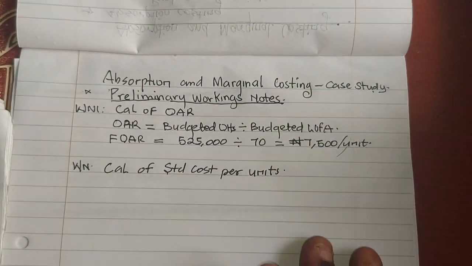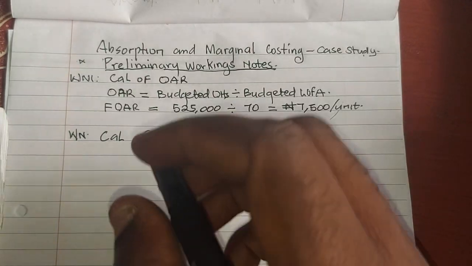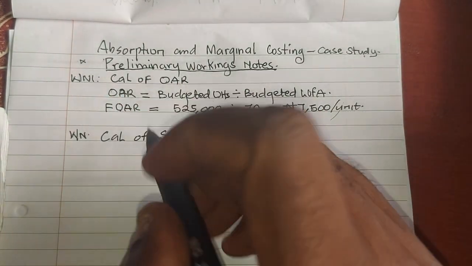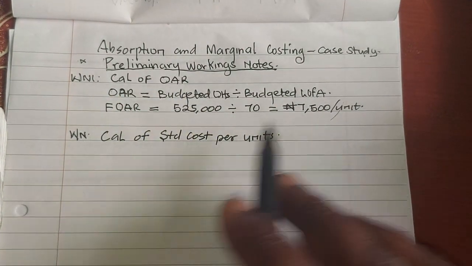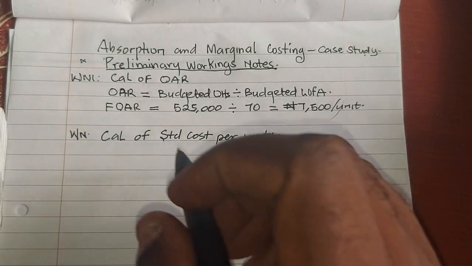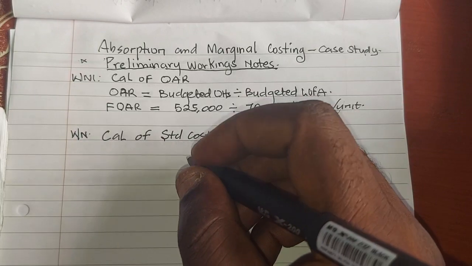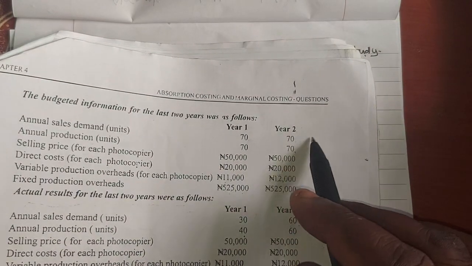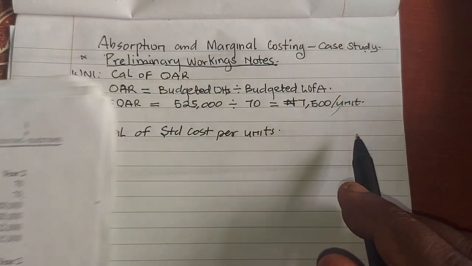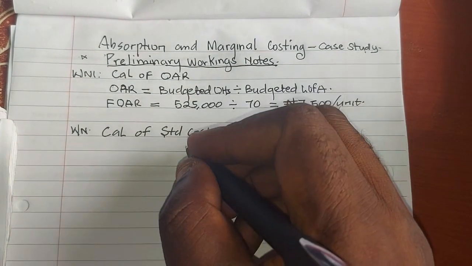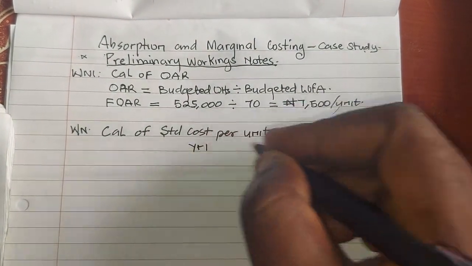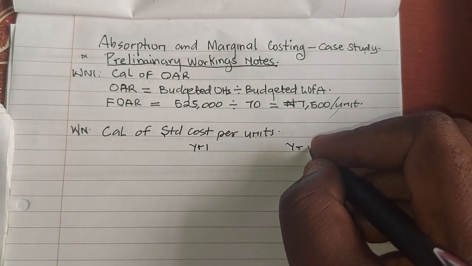You follow the steps, that's the Georgian step: calculation of OAR, which you have done, then calculation of the standard costs per unit. Then we are to calculate for year 1 and year 2.